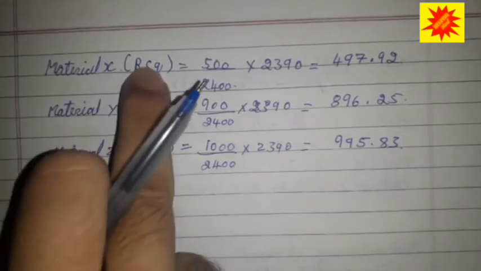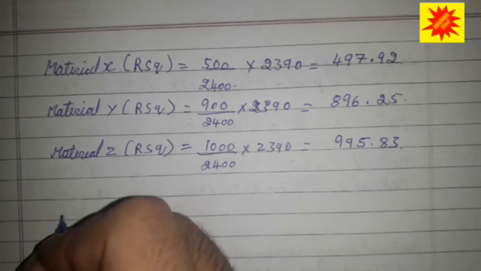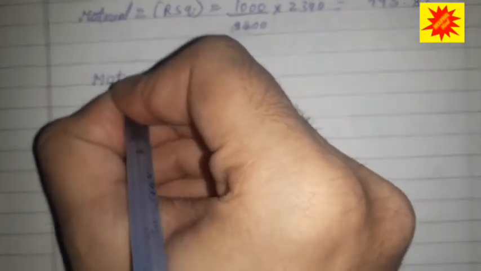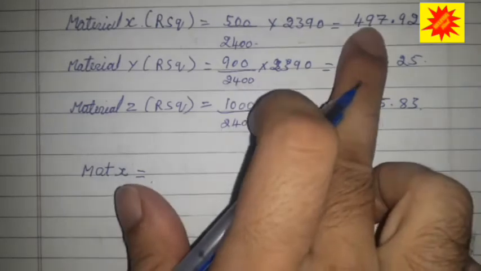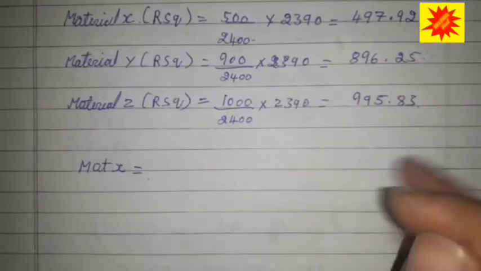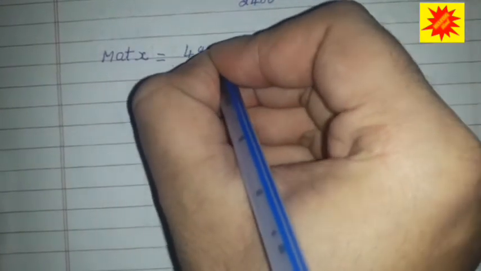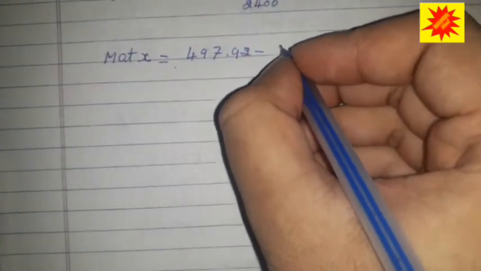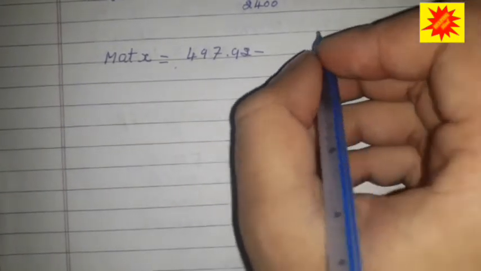So now that we have the revised standard quantity for all the materials, let us see the material mix variances straight away, right? So the formula says revised standard quantity minus actual quantity into standard price. For material X, the revised standard quantity here is 497.92 minus actual quantity.